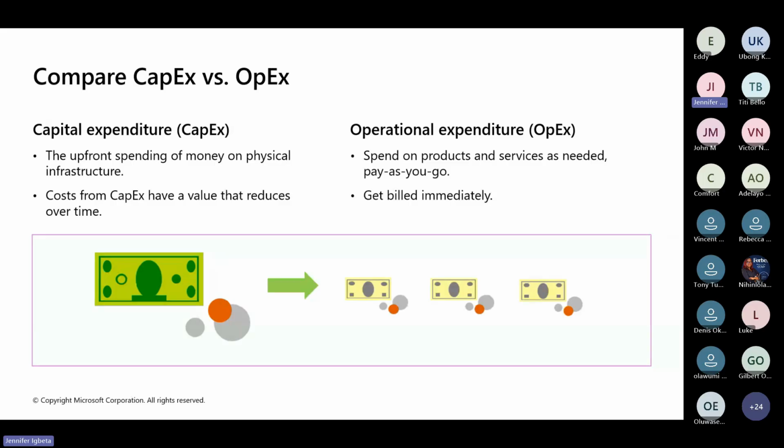So the reason why Luke and Comfort tally is, number one, when it comes to capital expenditure, you are the one purchasing the infrastructure. But I see where you are coming from. You're talking about the cloud provider purchasing the infrastructure and it's going to reduce in value from the cloud provider's end over time.